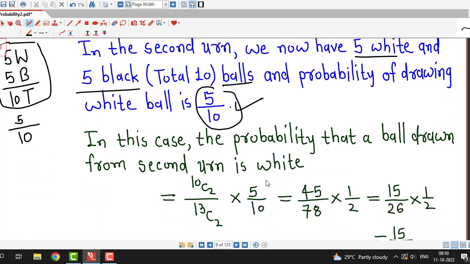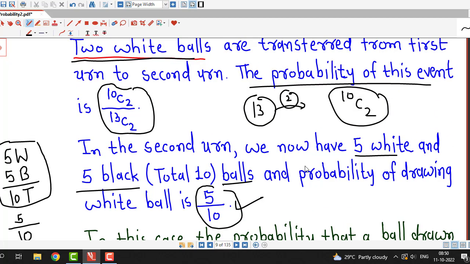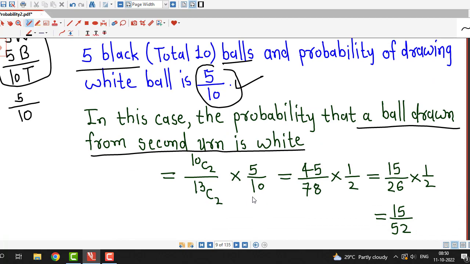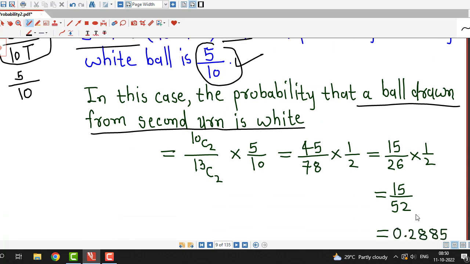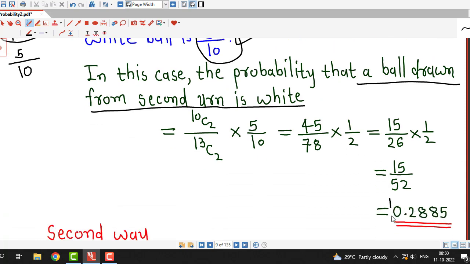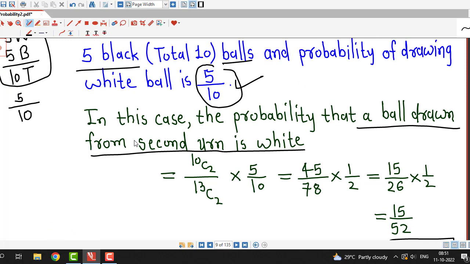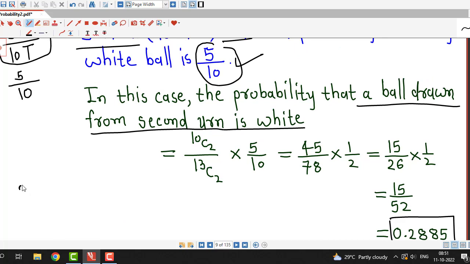Therefore in this case, the probability that a ball drawn from the second urn is white is the product of these two probabilities, 10C2 by 13C2 times 5 by 10, and the answer is 15 divided by 52, that is 0.2885. So this is the first case, in which two white balls are transferred from the first urn into the second urn.